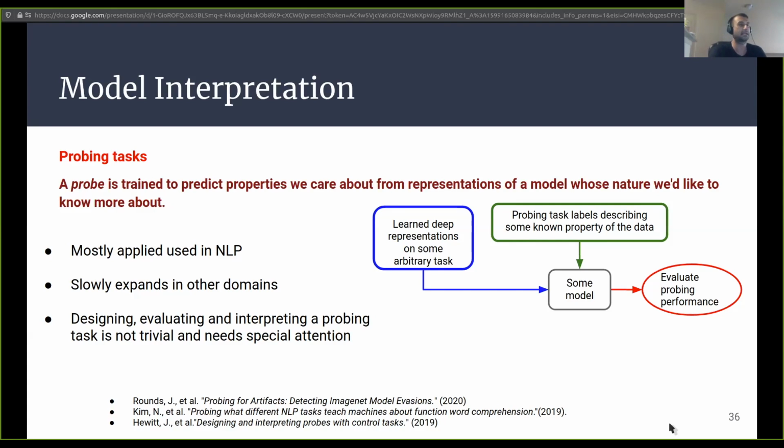Let me give you an example. We have a piece of free text from some individual, and we want to see if there are signs of anxiety in their way of writing. We can train a text classifier directly detecting patterns of anxiety through the text, but we can't really learn what the individual components were that drove the model to make the decisions it made.